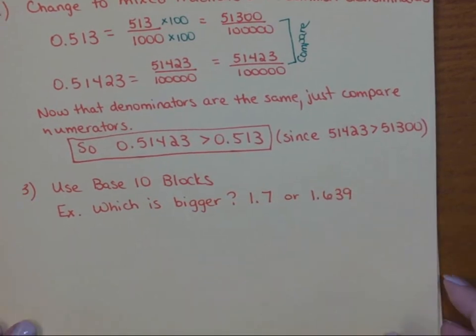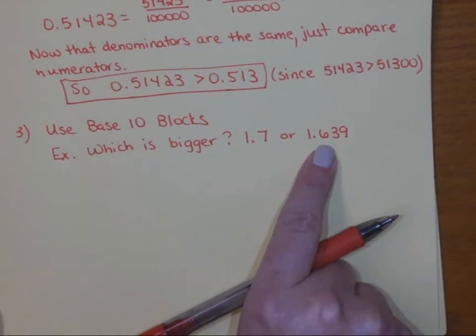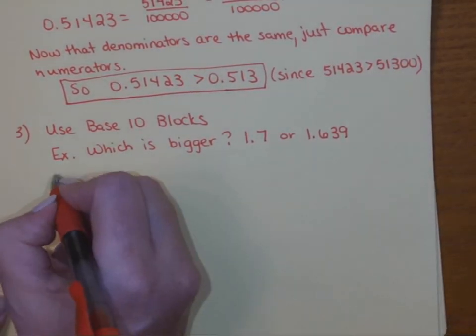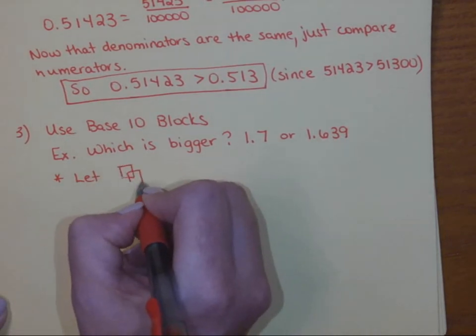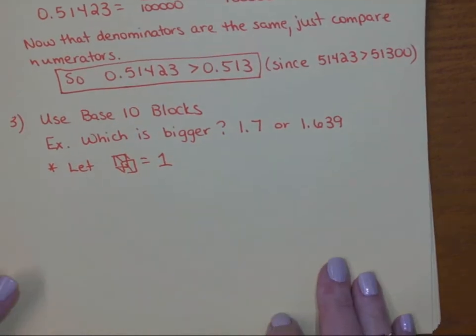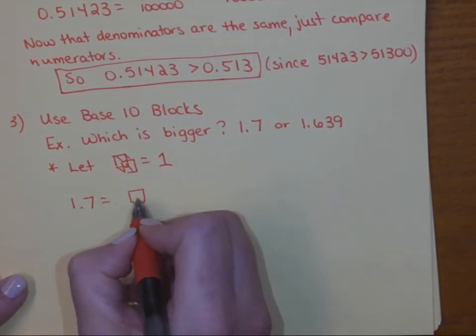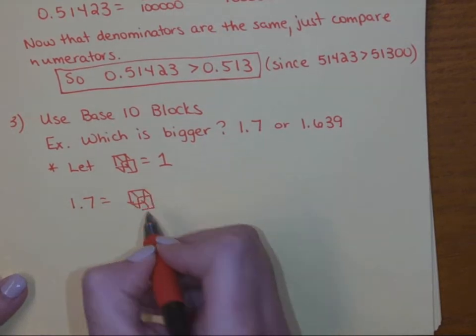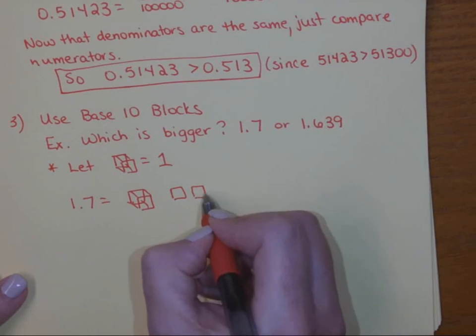Okay, now hopefully we know the answer to that. Okay, but how would you teach this? Okay, so notice we're comparing something with 3 decimal places. So just like I mentioned earlier, you always need to state when you're using base 10 blocks what your whole is going to be. So notice 1.7 would be 1 whole unit and 7 flats.